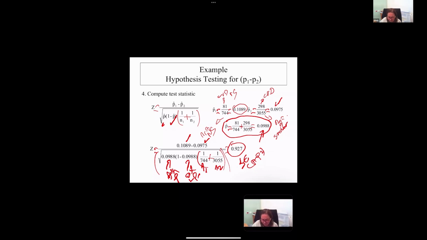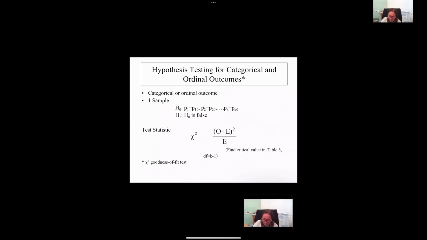So here is the average P, and then it will be the average P times 1 minus P, which is Q, times 1 over N1 plus 1 over N2. Whatever number you get, you compare it to the critical value you have chosen for your alpha of 0.05, and then you decide whether to reject H0 or not. When we do not reject, we conclude that there is no difference between the two groups, the smokers and non-smokers. This is what we got.